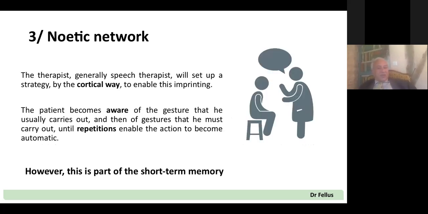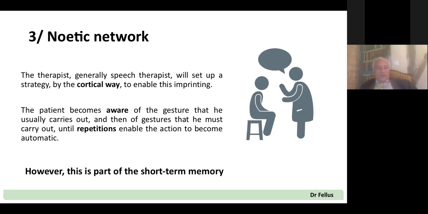The third one is a noetic network. Generally, a speech therapist or the practitioner will set up a strategy by the cortical ways to enable this imprinting. First, the patient must become aware of the gesture that he usually carries out, and then the gesture that he must carry out, until repetition enables this action to be automatic.